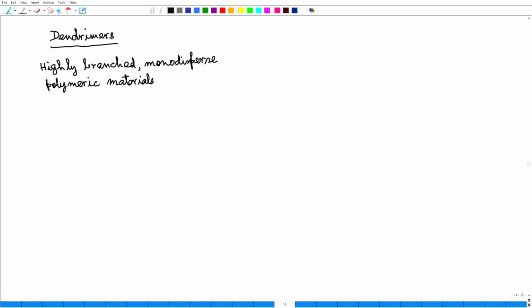So, these dendrimers have found some usefulness in biomedical and industrial applications.